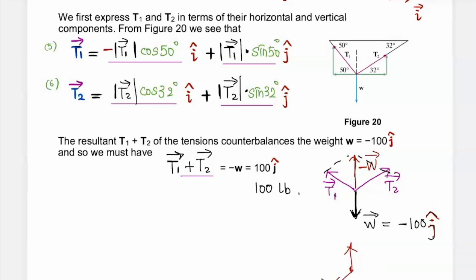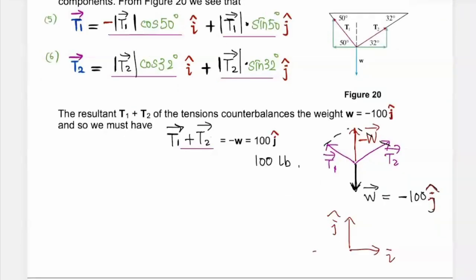This is I, this is J. Oh, this is not three dimensions. It's actually two dimensions. So this is I, and this is J. Going down is negative J, going up is positive J.